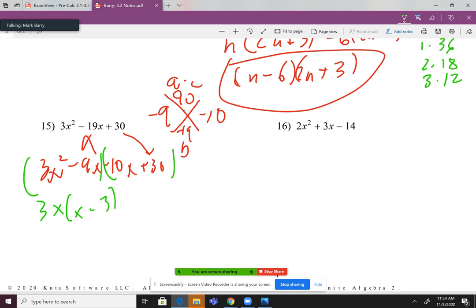Second group, I would take out a negative 10, which would also leave me with x minus 3. So my final answer is 3x minus 10 times x minus 3.